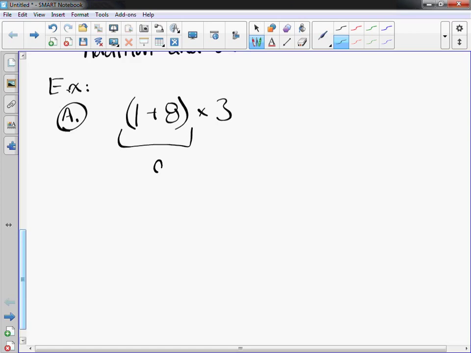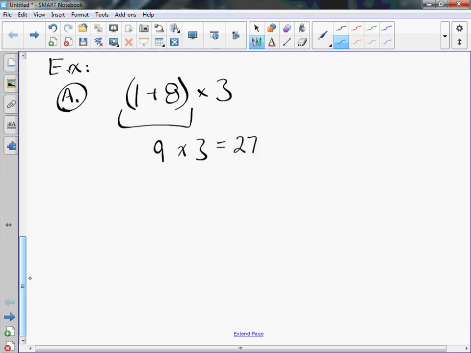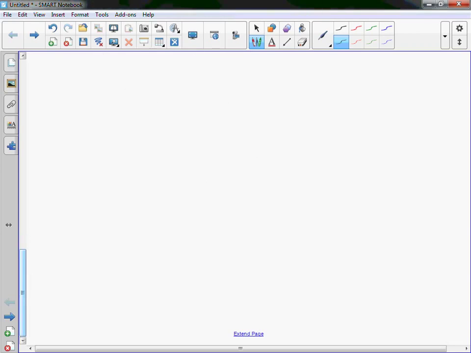So 1 plus 8 is 9. And then we have 9 times 3, which we can evaluate to be 27. So the grouping symbol went first, and then the multiplication, because that's what our order of operations tells us to do.